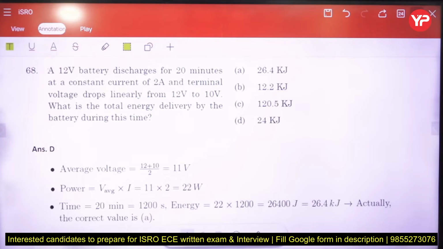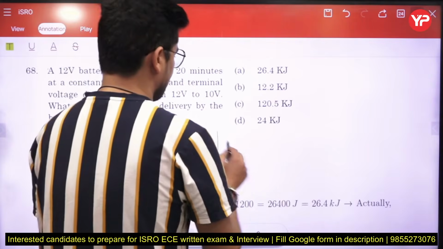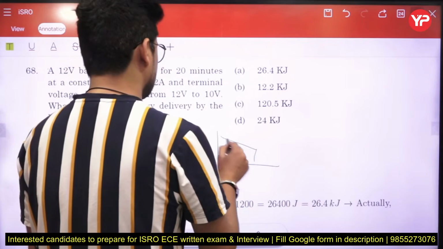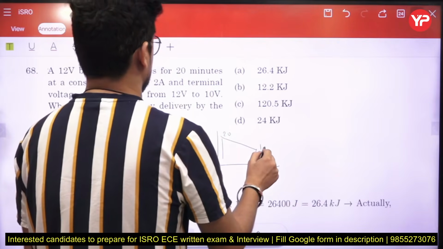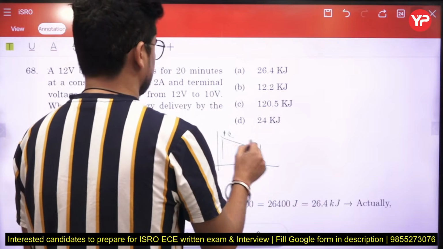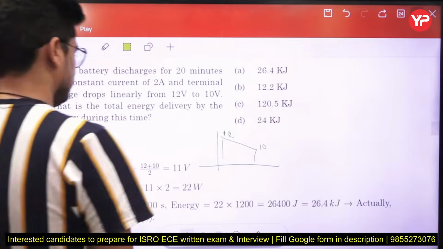A 12 volt battery is discharged for 20 minutes at a constant current of 2 ampere, and the terminal voltage drops linearly from 12 to 10 in 20 minutes.